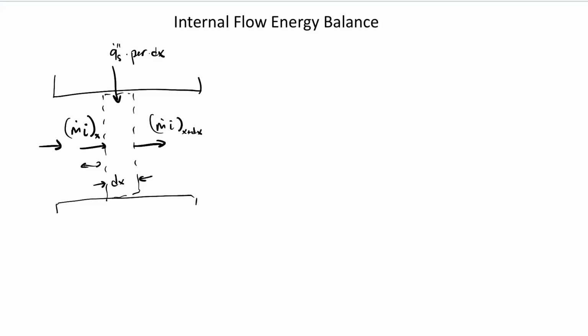Okay, so let's write out our energy balance. What's coming in: q dot double prime s times perimeter times dx, plus m dot I at x, is equal to m dot I at x plus dx.